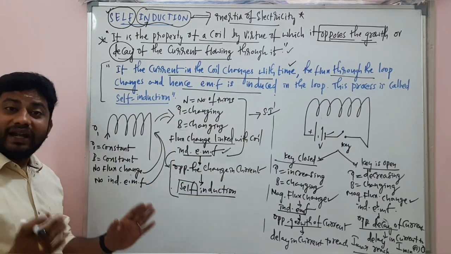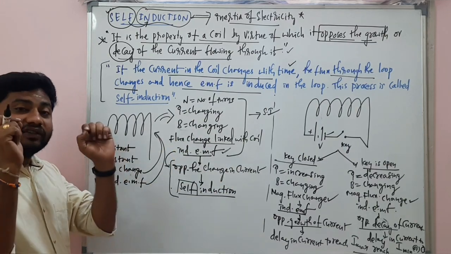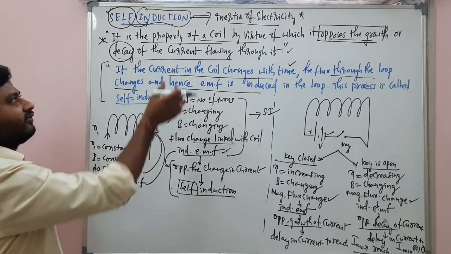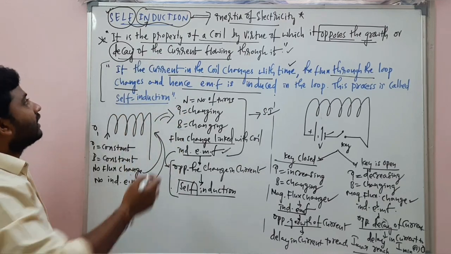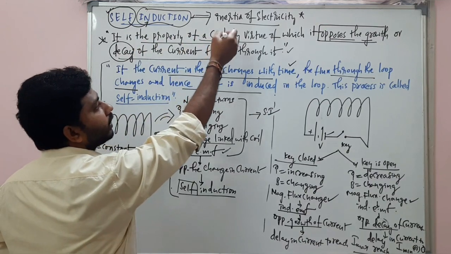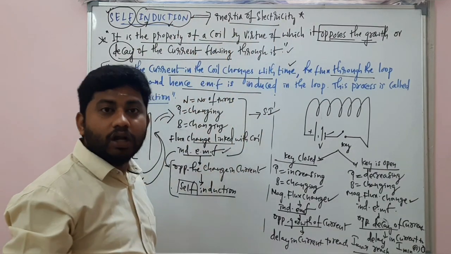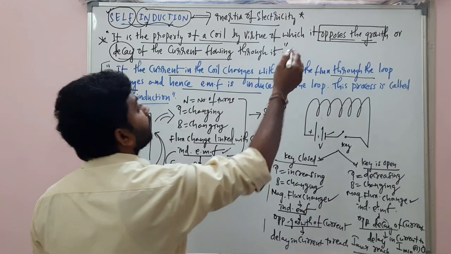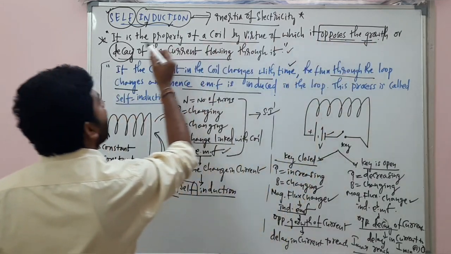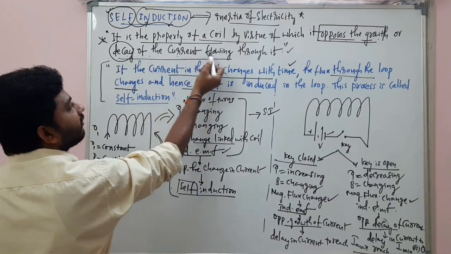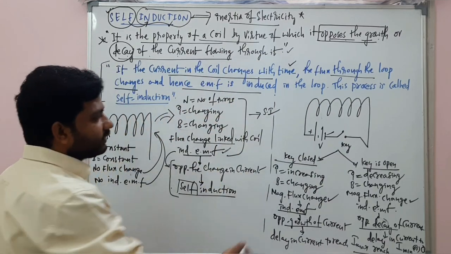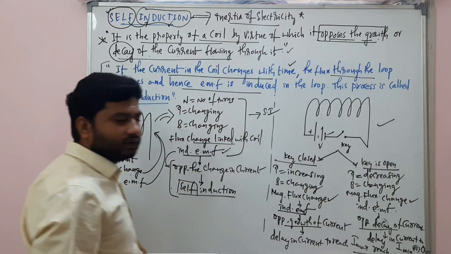Let's read the initial statement we had written in black letters here: self-induction is the property of a coil by virtue of which it opposes the growth or decay of the current flowing through the circuit. So it is justified with this example.